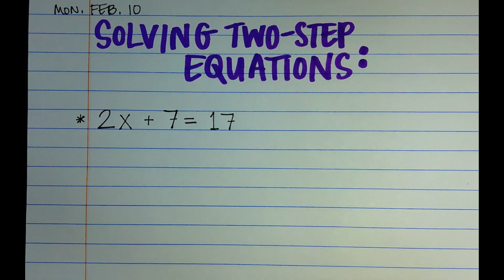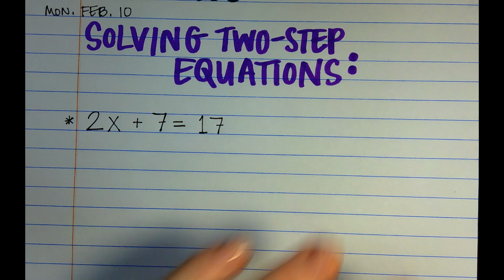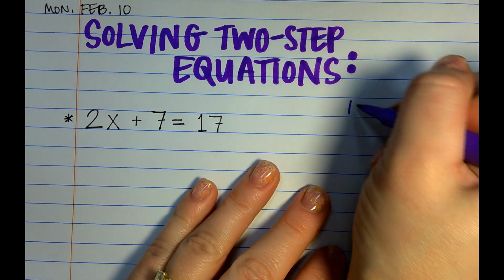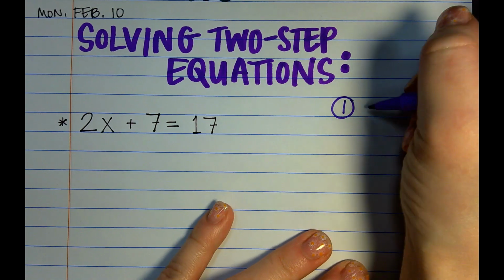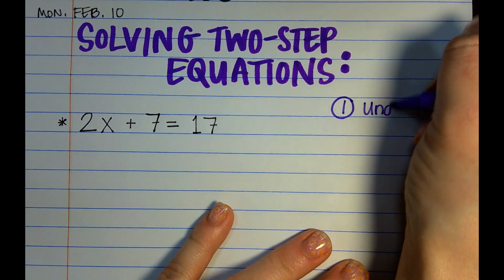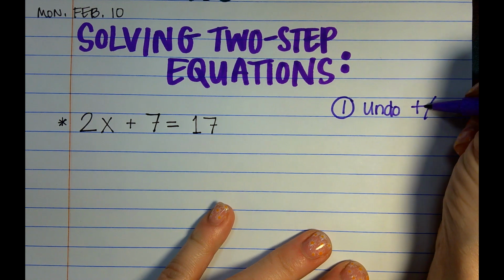When we have a two-step equation, here are the two steps we need to look at. Step 1: we're getting rid of addition and subtraction first.